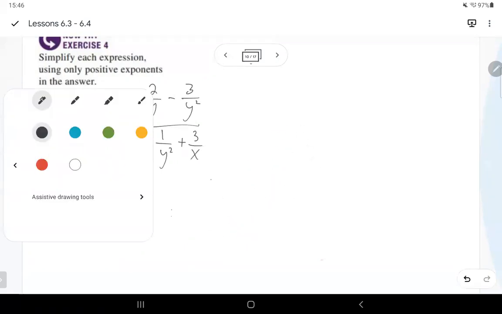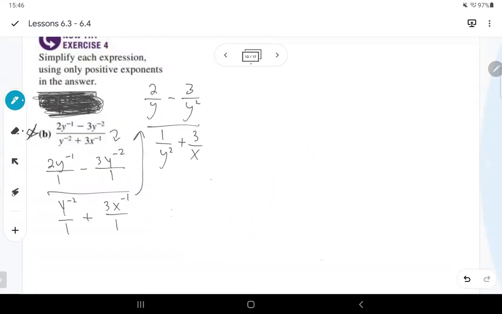Okay. You need an LCD now. We're just going to use x and y squared because that includes all of them. Again, I picked method 2.